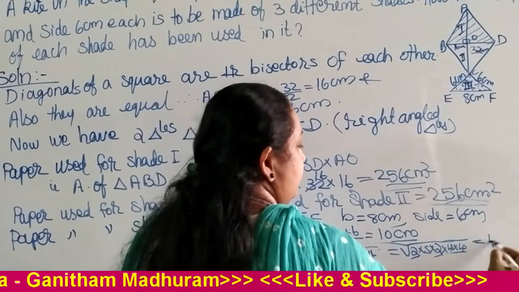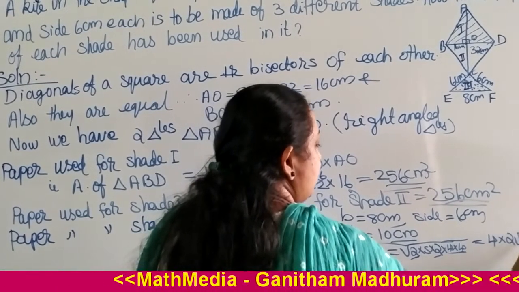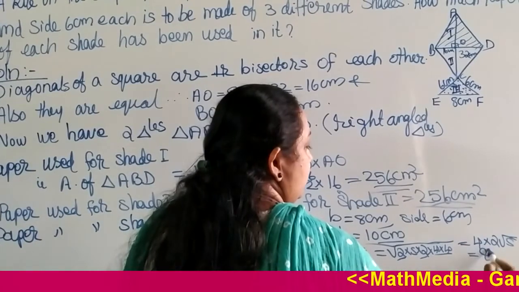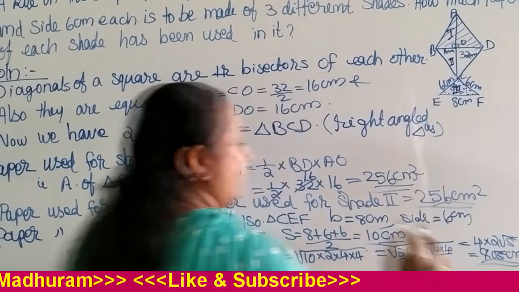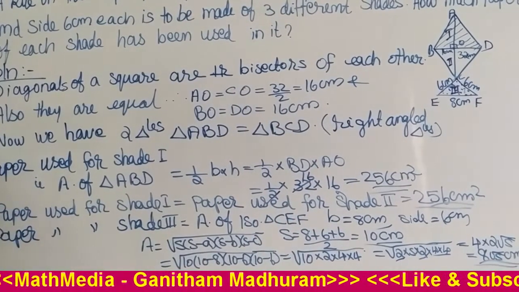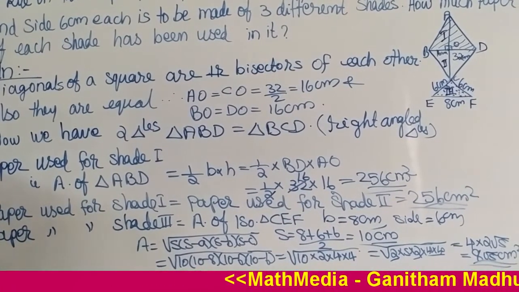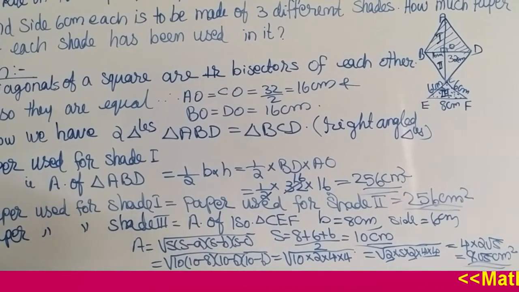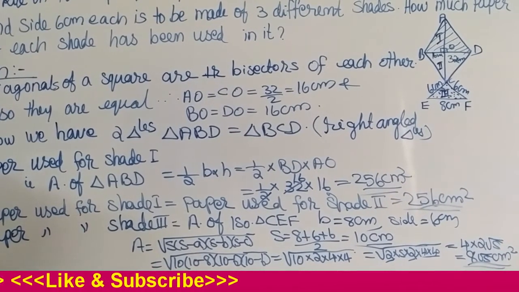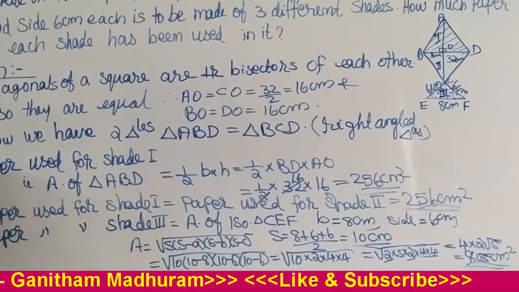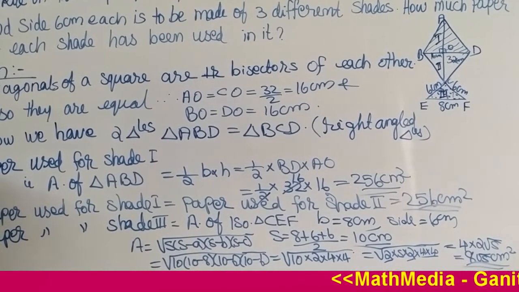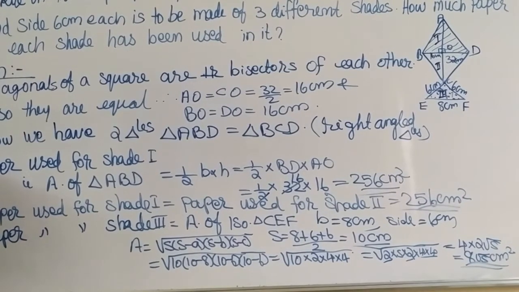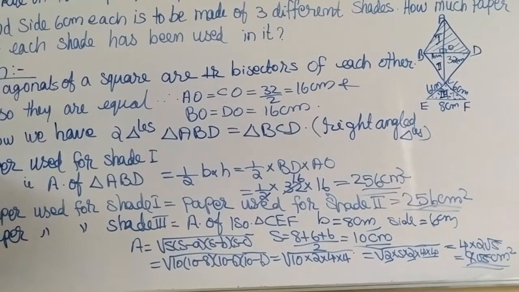That will give 4 into 2 root 5 equal to 8 root 5 centimeter square. Hence, paper used for shade 1 and 2 is the same, equal to 256 centimeter square, and for shade 3 the paper used is 8 root 5 centimeter square.